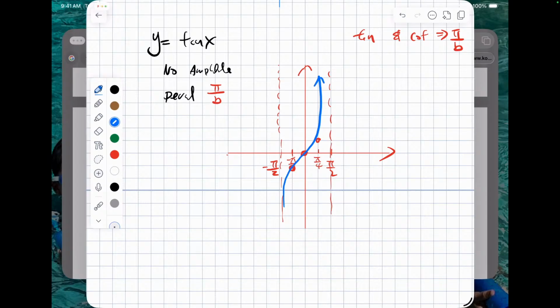Then I'm going to go through four spaces again and add another period, so it's going to be 3 pi over 2. And this is pi, and this is 3 pi over 4. And this is going to be like this. Is this okay?